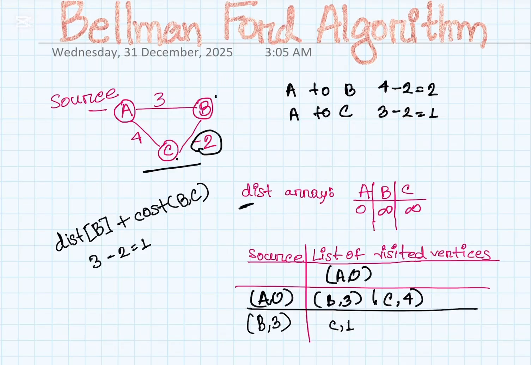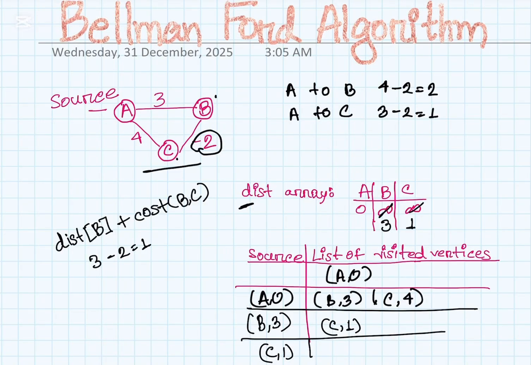So C comma 1. We forgot to update the distance of B in the dist array, so from infinity it would be 3. C comma 1 is our new source. So the distance of C will be updated as well from infinity to 1.